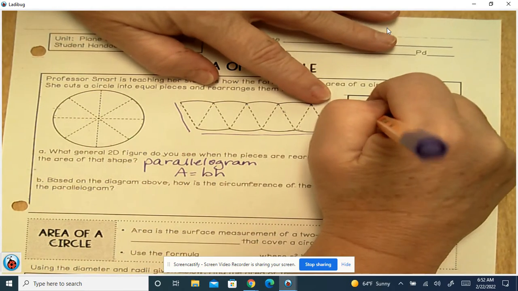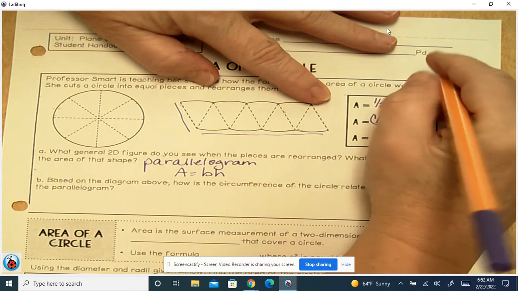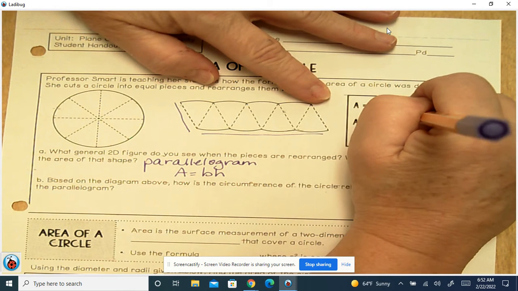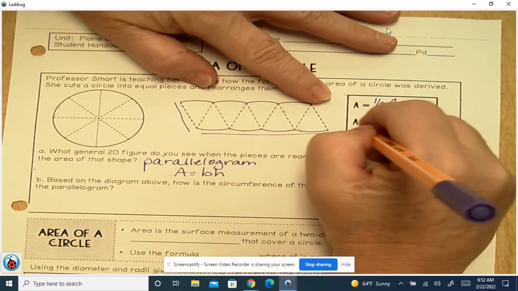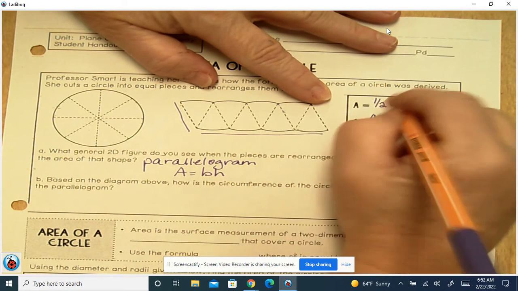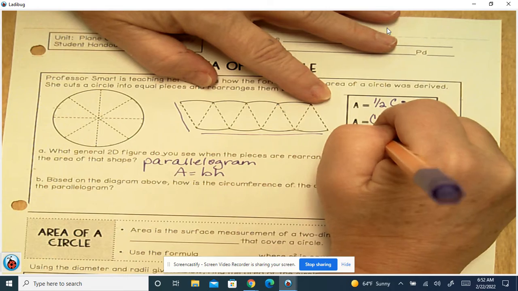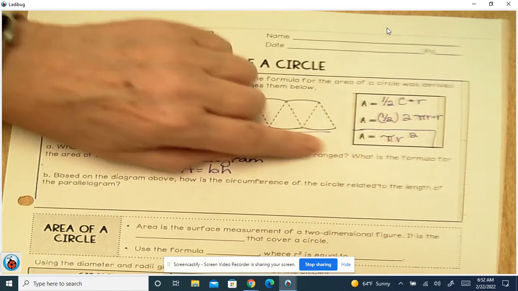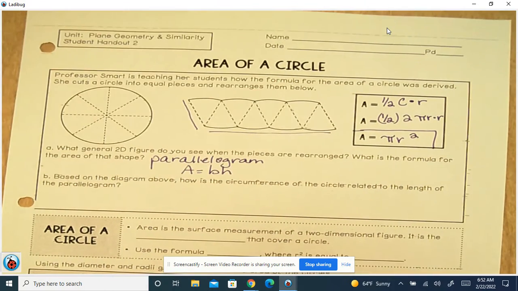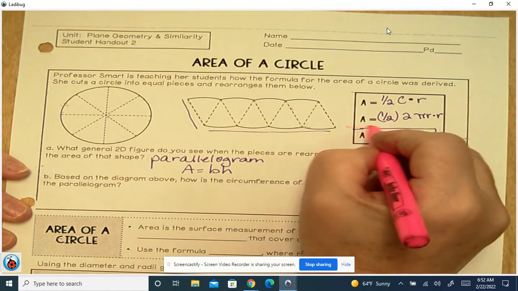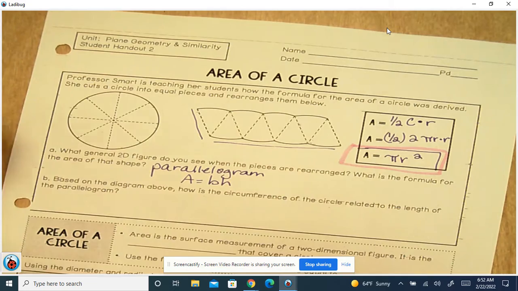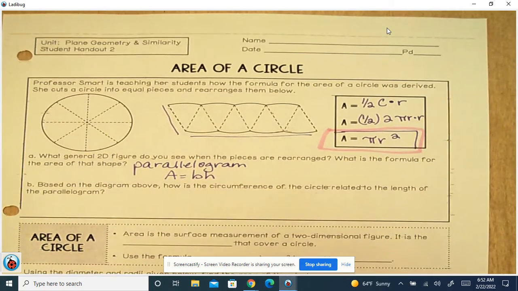And then it was 1/2 2 pi r times r. So the formula that we use today is pi r squared. So this is the formula that you'll be using to find the area of a circle. This one right here.